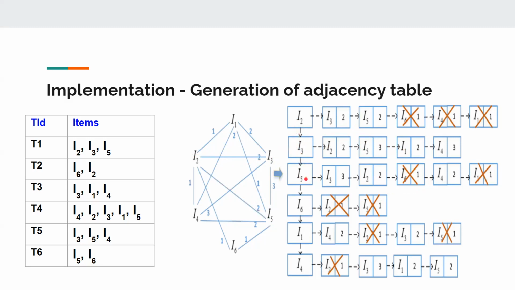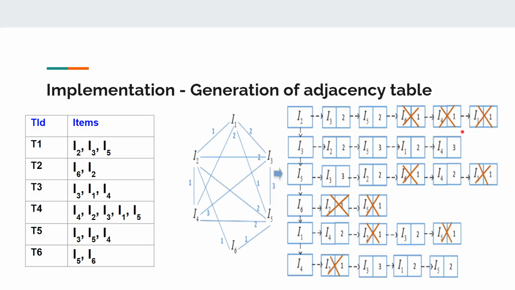Similarly, for each node, we can form this adjacency table. Once this is done, we can use minimum support and remove unrelated items. Here we'll consider minimum support as 1 and remove all the nodes with support counts of 1. We have marked it with a cross for all counts of 1.